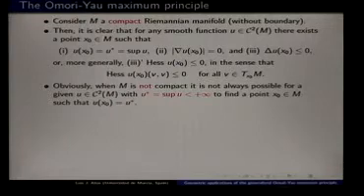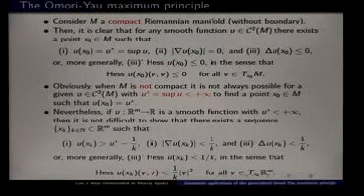Obviously, if M is not compact, then that is not true in general. So in general, given a function which is bounded from above, we cannot find a point where the function attains its supremum. But, for instance, in R^m, it can be seen that if you take a smooth function on R^m which is bounded from above, then we may find a sequence of points satisfying the following conditions.